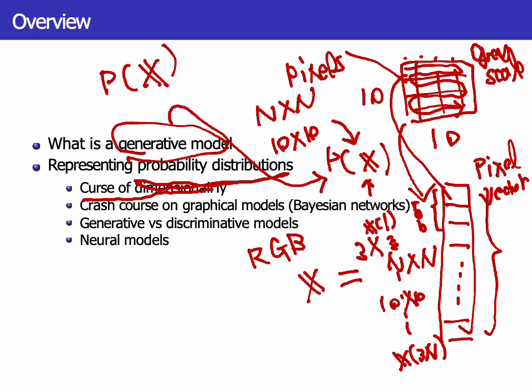We discuss these as a Bayesian network. And we discuss generative and discriminative models. The relation between the generative model and the discriminative model is like an inverse. And we discuss a little bit about neural models.